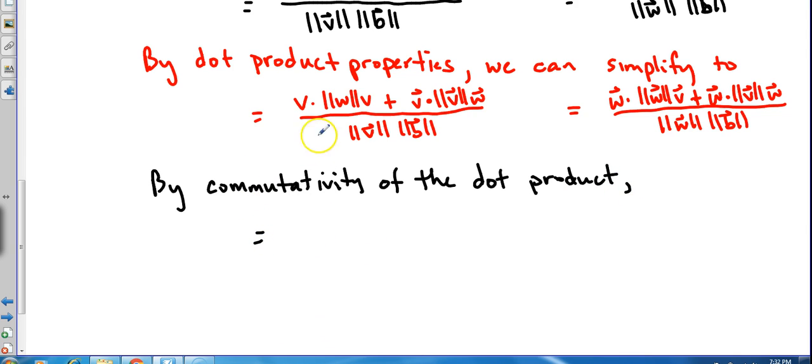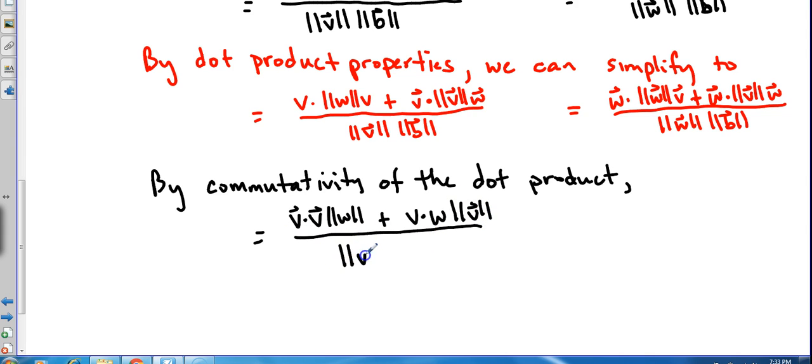V dot v is going to be the magnitude of v squared. So again, just to reference what we did earlier in the video, here's what we showed works for any vector. Any vector dotted with itself is going to give you the magnitude of that vector squared. And that's going to be times the magnitude of w plus v dot w times the magnitude of v.